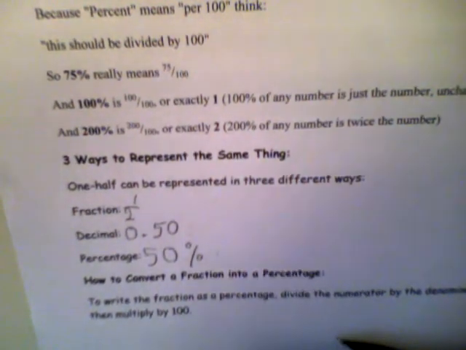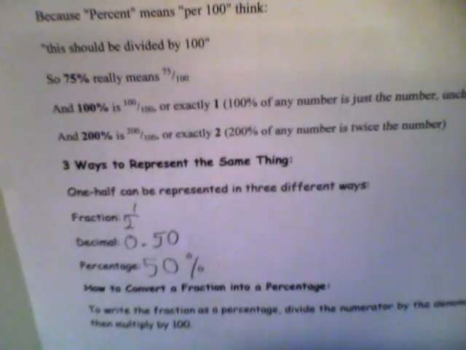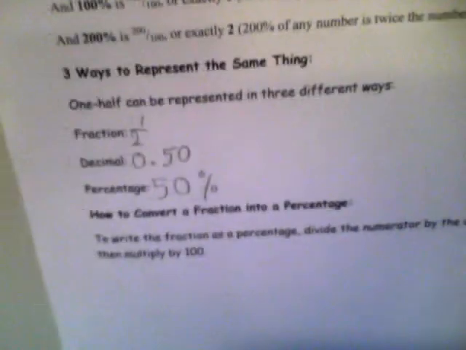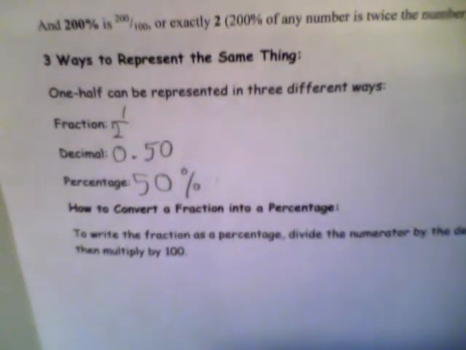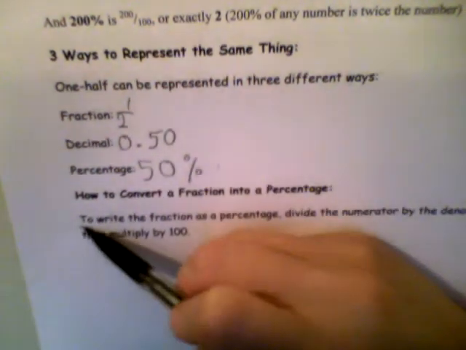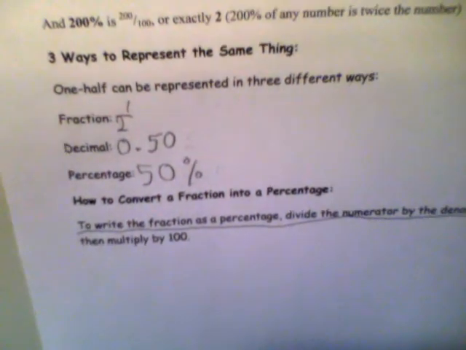Now let's talk about how to convert a fraction into a percentage. I want you, with your pencil, to go ahead and underline this bottom rule right here. To write the fraction as a percentage, first you divide the numerator by the denominator.